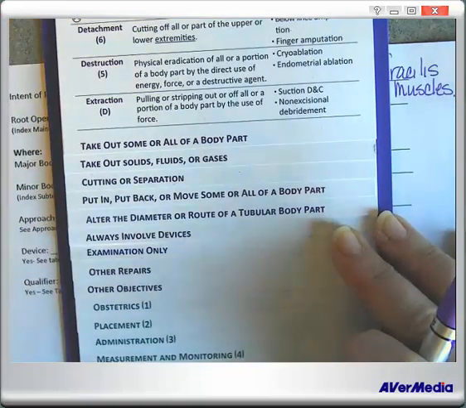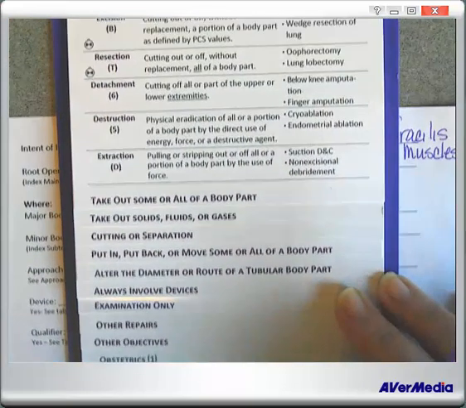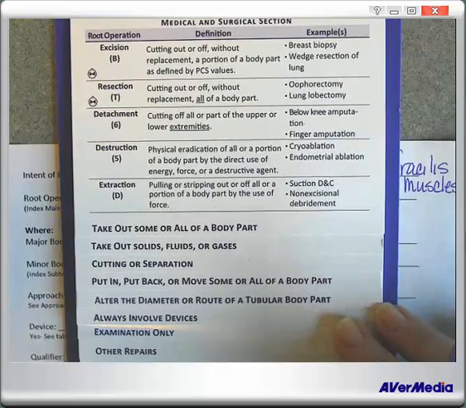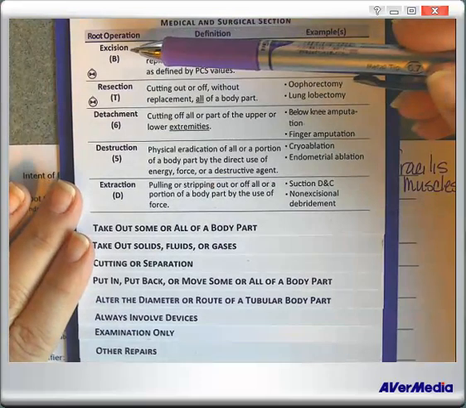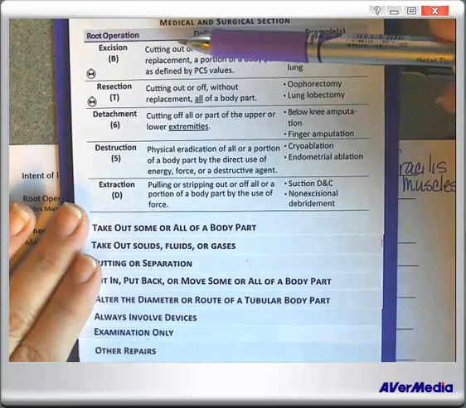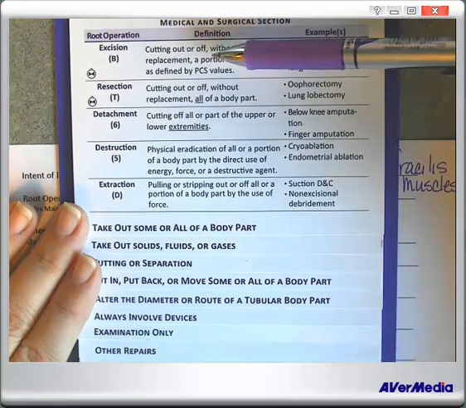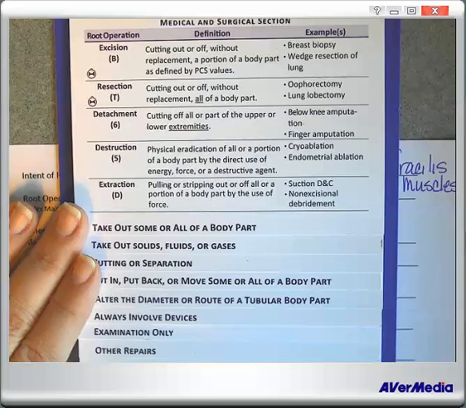And now we have to determine where we fit here. Well, excision, we know, is cutting out or off, without replacement, a portion of a body part, which is what we did. We removed part of it. Okay?